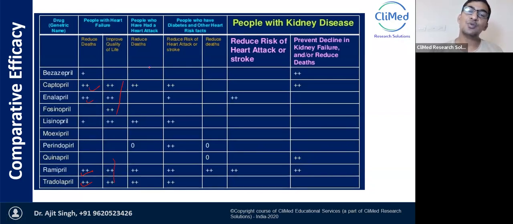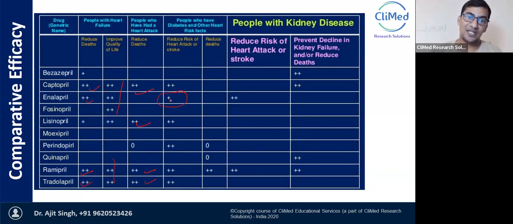When it comes to heart attack people, cardiovascular risk, captopril, lisinopril, ramipril, and trandolapril are the top, which have the major cardioprotective effect. Enalapril does not have much cardioprotective effect.